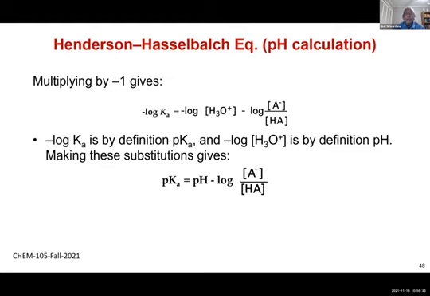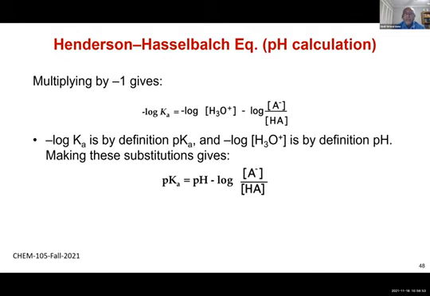Minus log Ka is equal to minus log hydrogen ion concentration, minus log of conjugate base divided by weak acid. Minus log Ka is the pKa value.